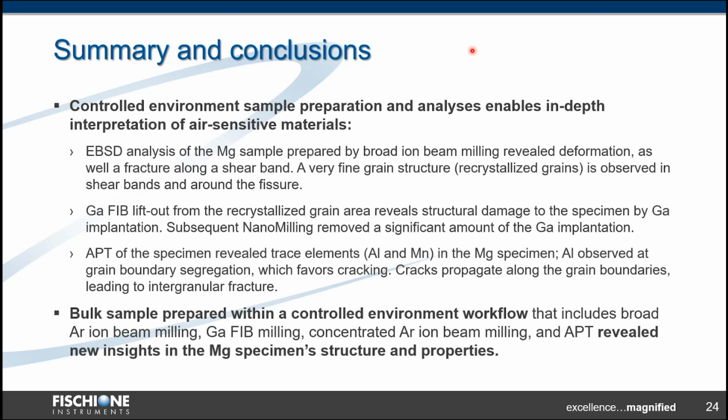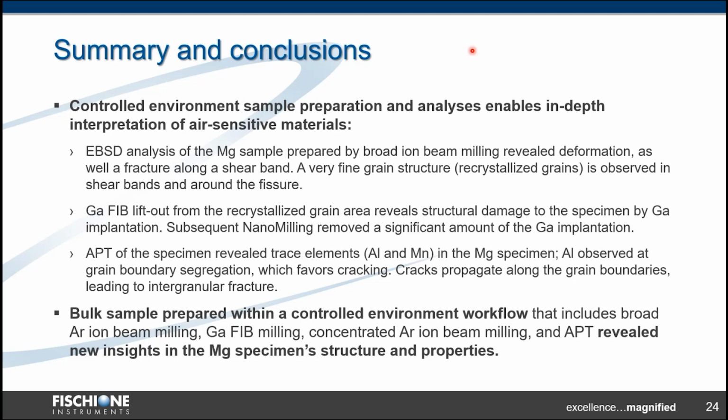APT analysis of the samples shows trace elements of aluminum and manganese. Aluminum was observed at the grain boundary, and we observe very small nanometric precipitates of aluminum-manganese. The crack propagation around the grain boundaries leads to intergranular fracture, which was attributed to aluminum segregation and precipitates.